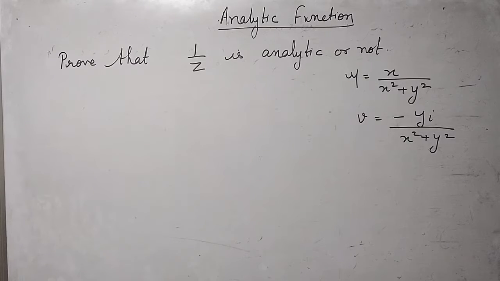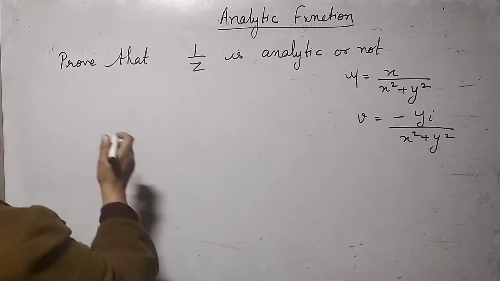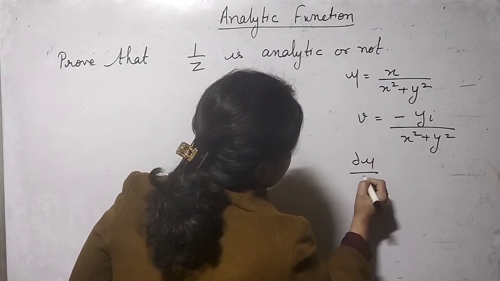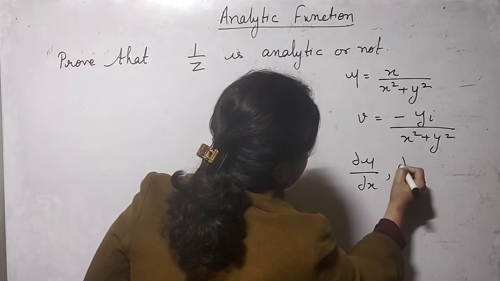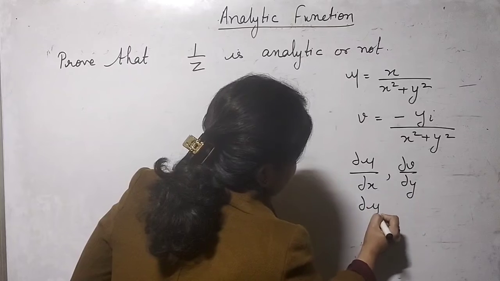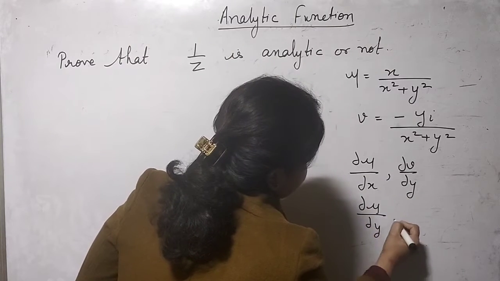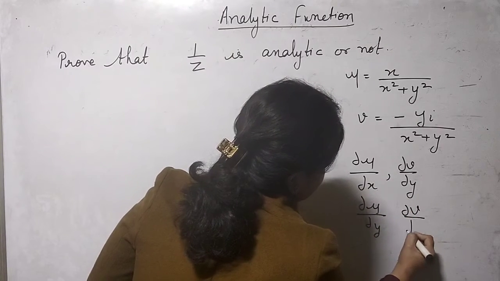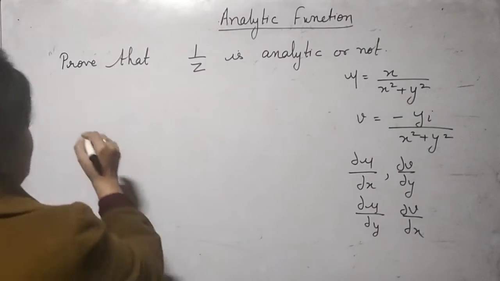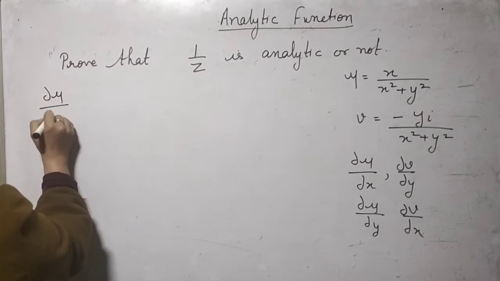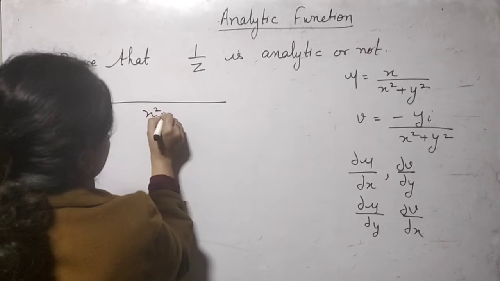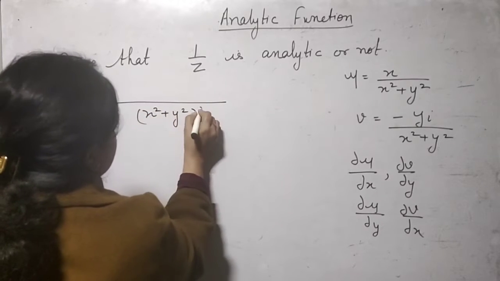Okay. Now in order to show that it is an analytic function, we have to find du over dx, dv over dy, du over dy and dv over dx. Now I am going to find out the value of each one by one. Now du over dx, which is equal to x square plus y square whole square.